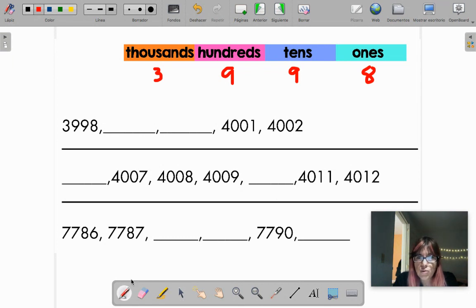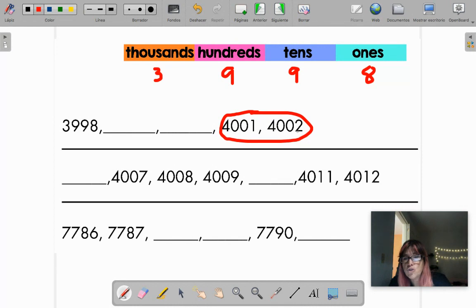To find out what number comes next, you need to go to another part of the line and look where there are two numbers together. From here to here, say them so you can even listen to yourself saying the number. This is 4,001, 4,002.